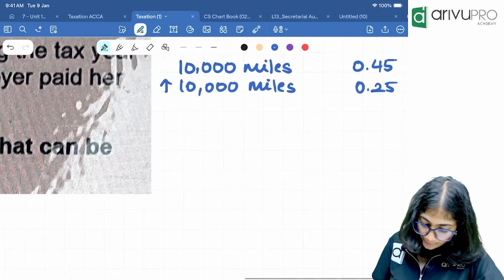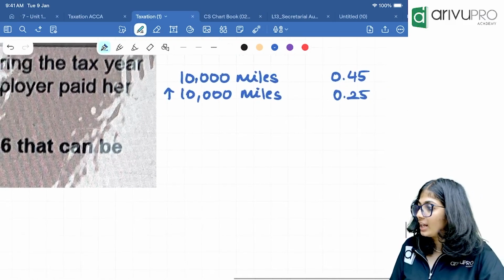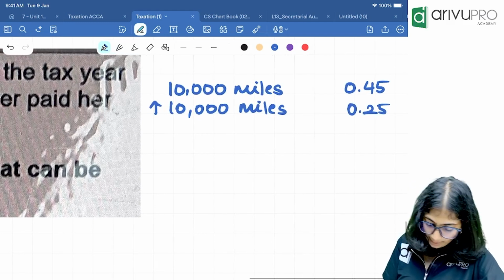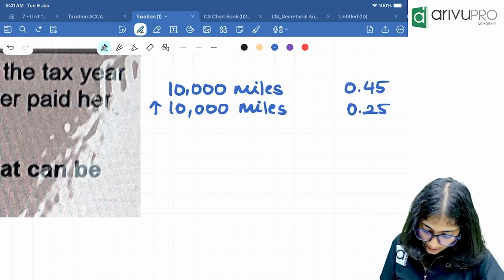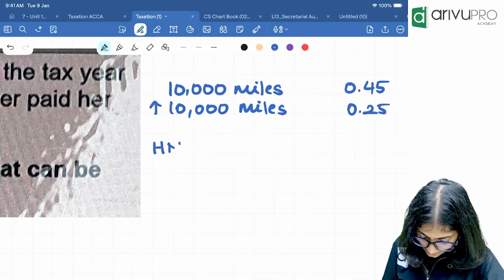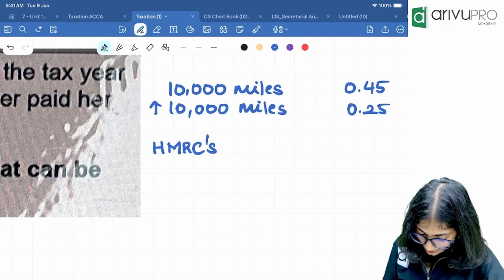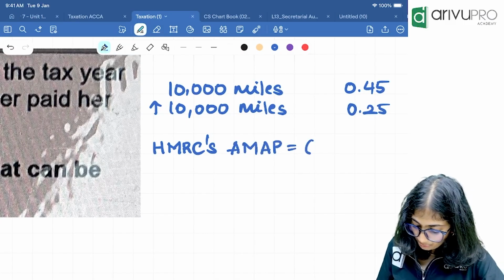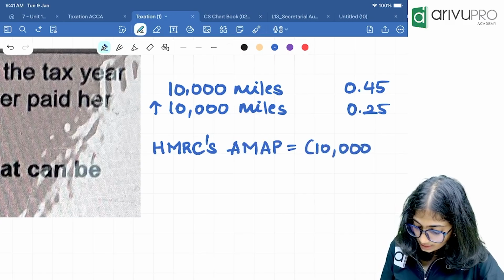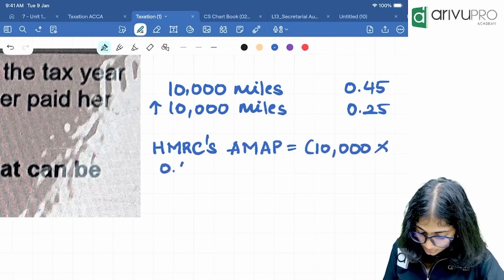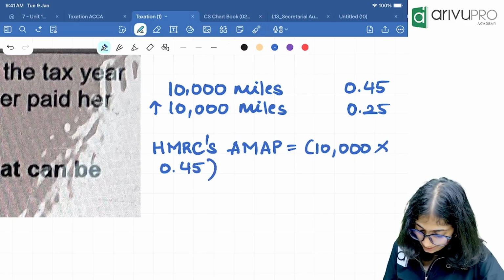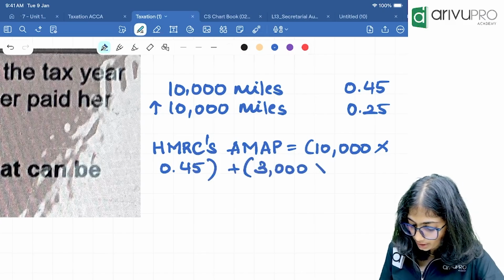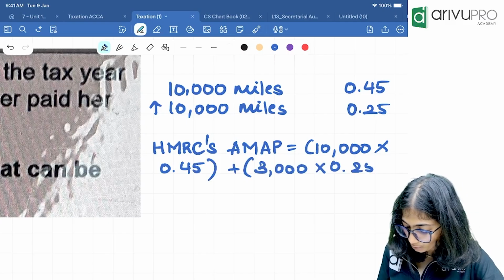Let's look at how much mileage allowance is an allowable deduction according to HMRC's AMAP. Okay, 13,000 miles were driven. HMRC's AMAP is equal to the first 10,000 miles multiplied by 0.45 and the remaining 3,000 multiplied by 0.25.